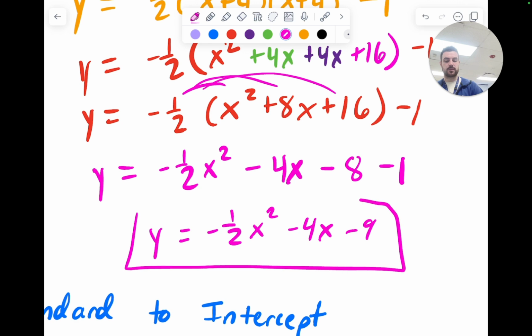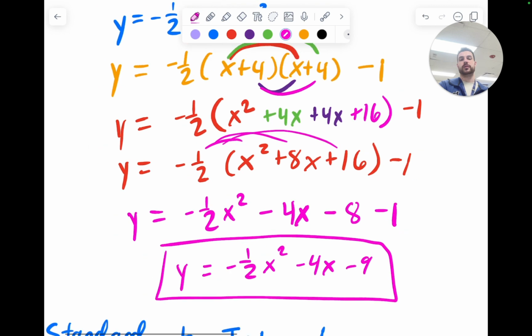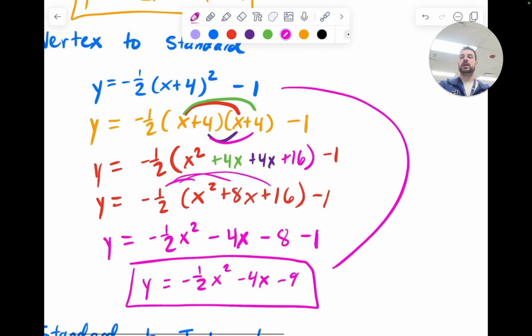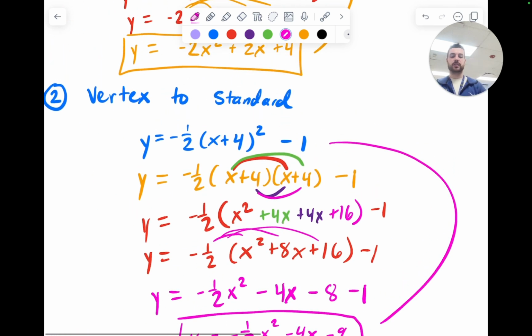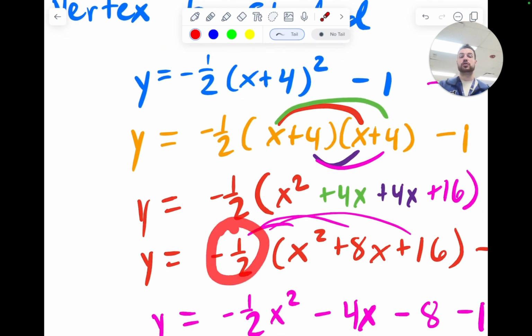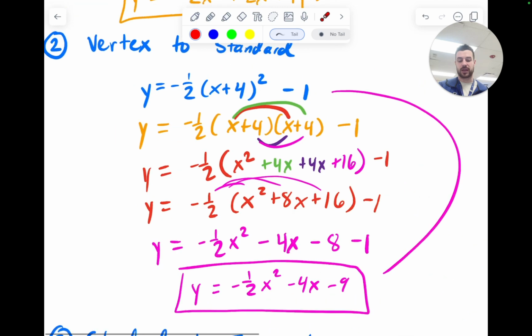This is my quadratic that is now in standard form. So again, it is equivalent to what we had in the beginning. All of our vertex to standard form problems are going to be the same. Again, you might not have an a value in front that's not 1, so you might not have to do the distribution at the end, but this is the worst case scenario. This is as challenging as a problem like this should get.